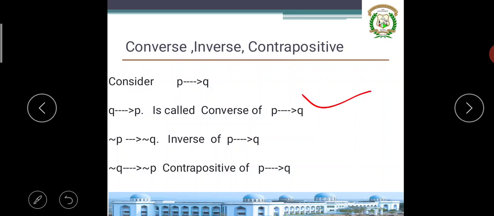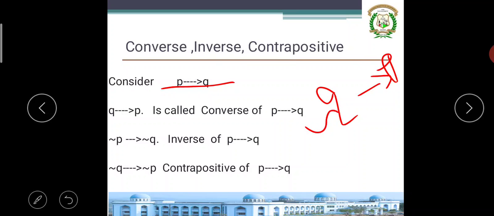Next, you have the statement P implies Q, where if you insert the negation of P implies negation of Q, that is nothing but the inverse of P implies Q. Next, I'll write it differently: P implies Q, Q implies P, that is nothing but the converse.